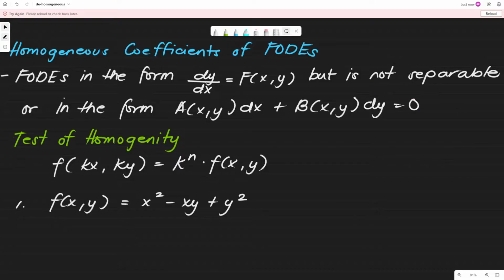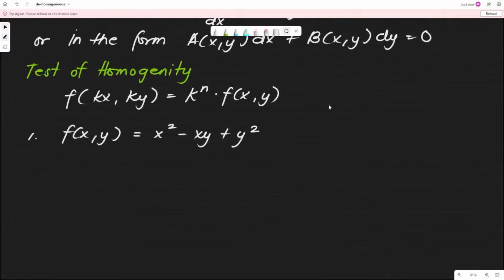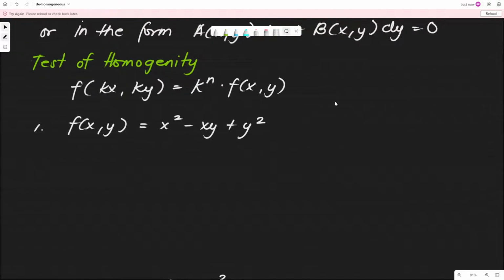So we have here our format. If we have the function f of kx and ky, that would be equal to k raised to n multiplied to the function f of x and y. What we will do is substitute x with kx and y with ky. Then we manipulate the resulting function and we should arrive at this format: k raised to n, where n is the degree of the function, multiplied to f of x and y.